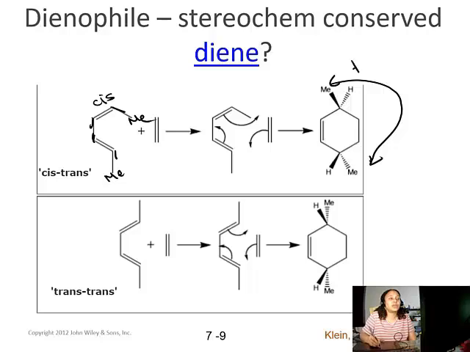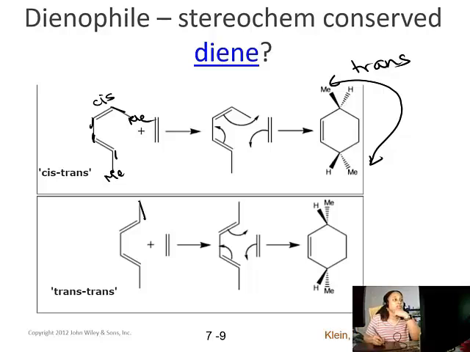They're going to end up essentially trans to each other. So that has to do with how they're oriented differently from each other, right? So in that case, we'll see that one gets pushed down and one gets pushed up.